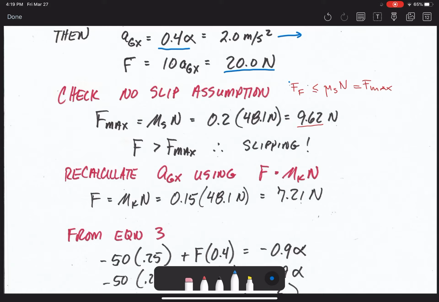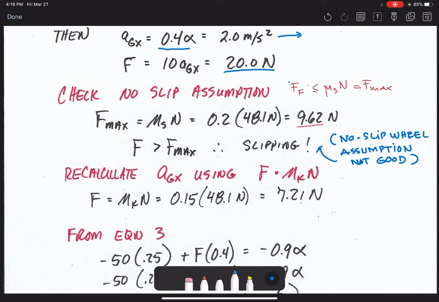What does that mean? The no slip wheel assumption is not good. So the wheel slips. So that's why we have the wheel slip in there.